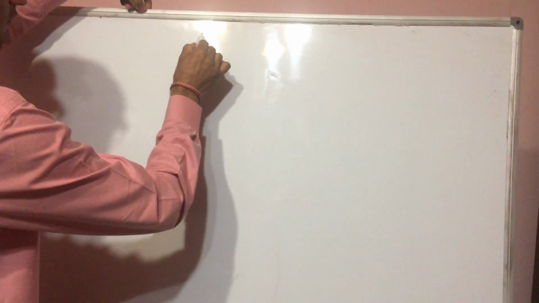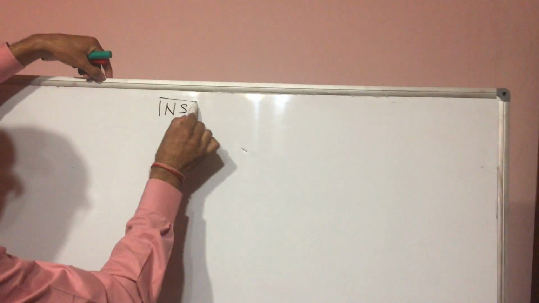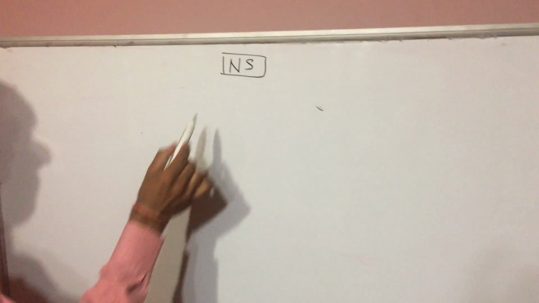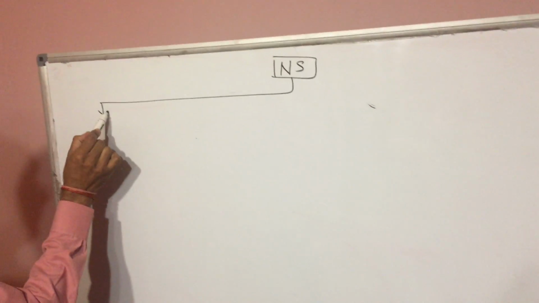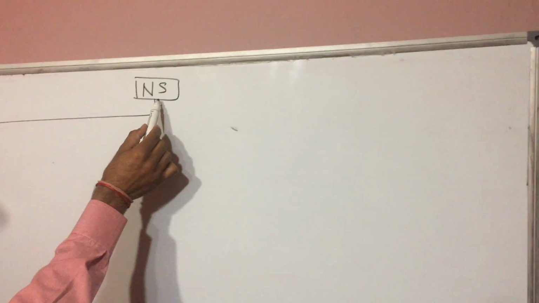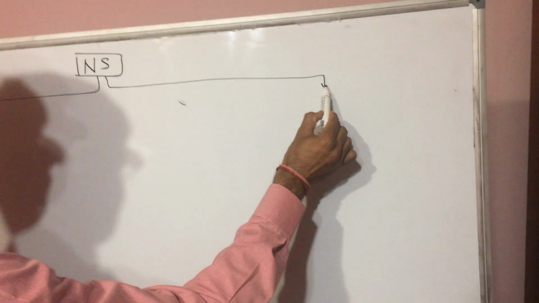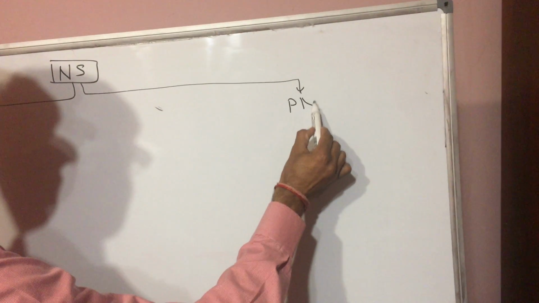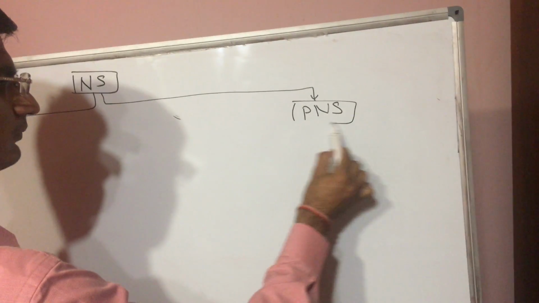This is the nervous system. Everybody knows the nervous system is divided into two parts, CNS and the peripheral nervous system.